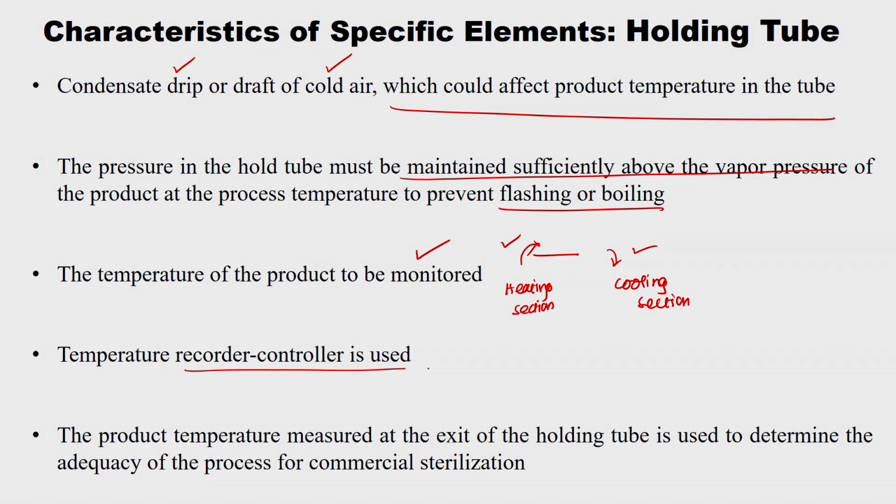The purpose is, for example, here I measure the temperature and connect it to the controller. If the temperature is less than the sterilization temperature, it will send the product back to the heating section itself. This we have discussed in HTST processing, where it is done by the FDV, flow diversion valve. Here it will be monitored by the recorder and controller.